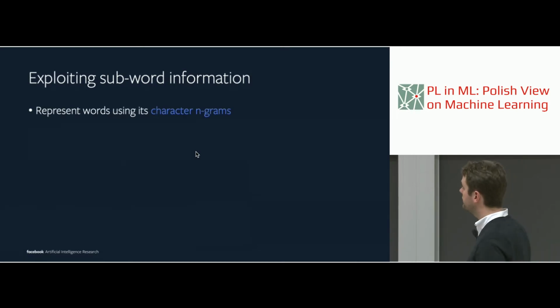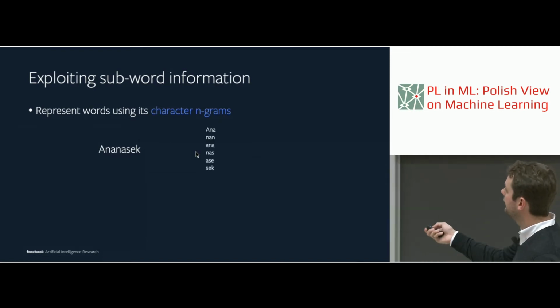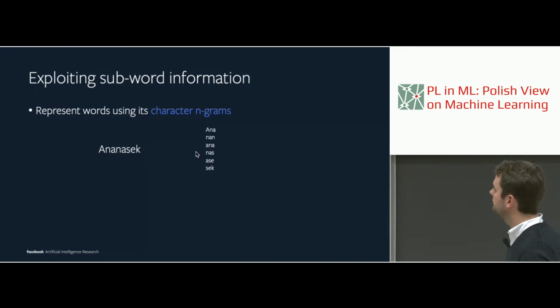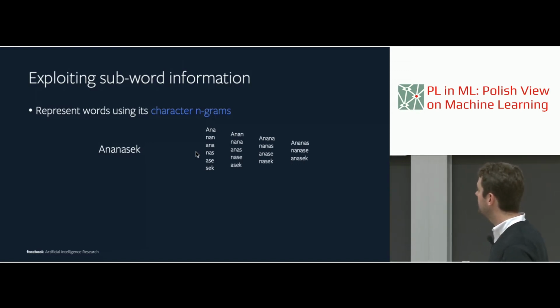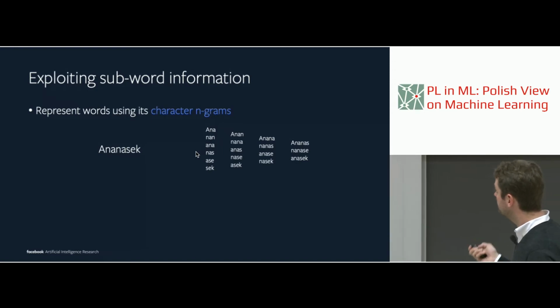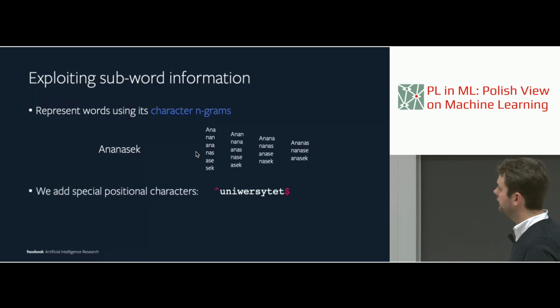We represent words using character n-grams. So if you have a word such as ananasek, you're going to represent it using all the trigrams, all the 4 grams, all the 5 grams, 6 grams, sorry, and you're going to take the sum of all that.